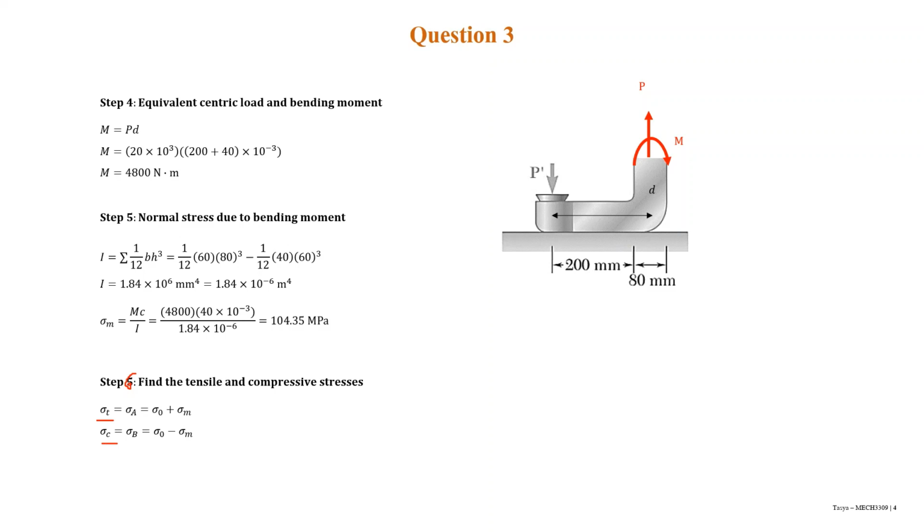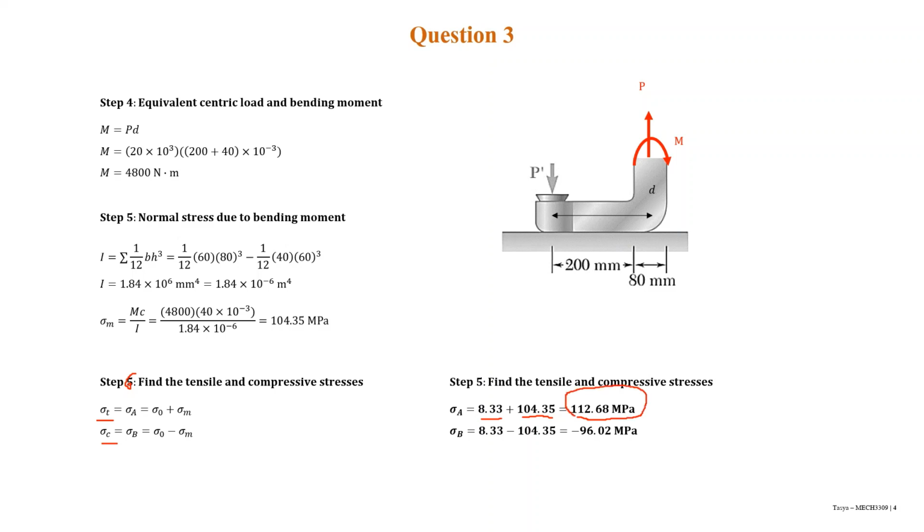For the tensile stress, it is sigma 0 plus sigma M, while for the compression, it is sigma 0 minus sigma M. And for sigma A, or sigma T, it is 8.33 plus 104.35, which is 112.68 MPa.